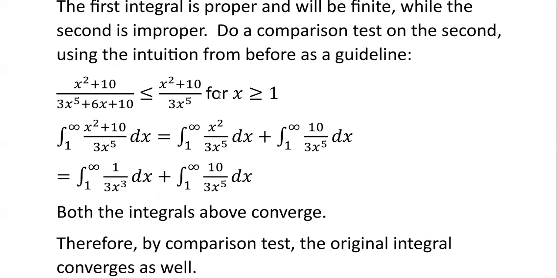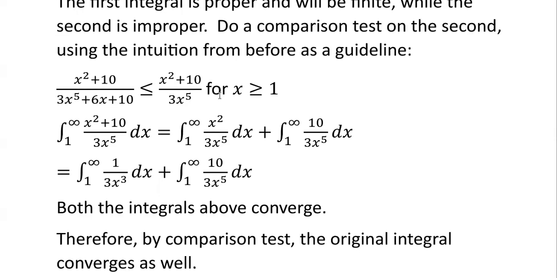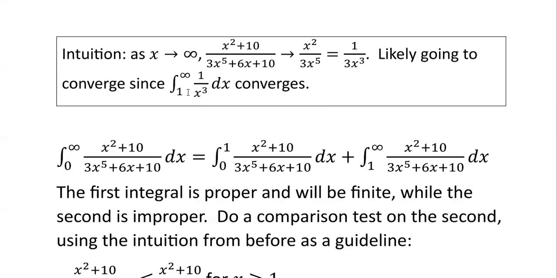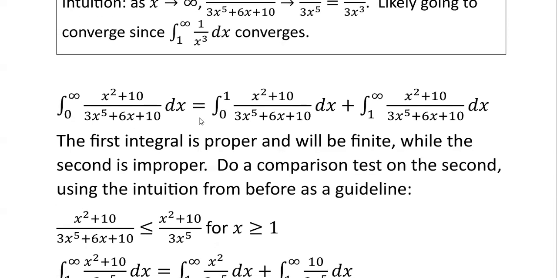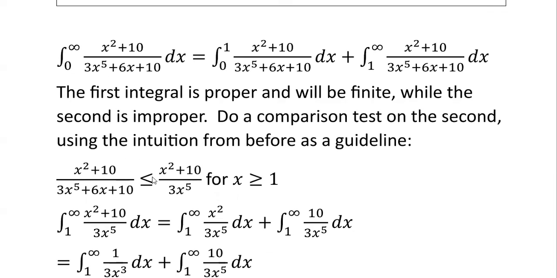Let me just scroll down to this portion over here to show it again. The point I want to make is, once more, it's hard to algebraically show, in my opinion at least, that our function is less than or equal to 1 over x cubed, the function we had intuition about. So instead, I just chose something very similar to our function.